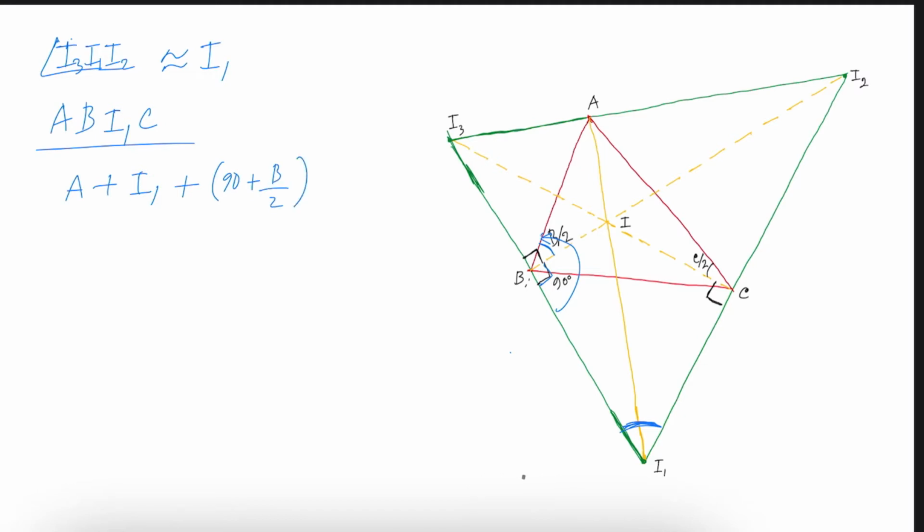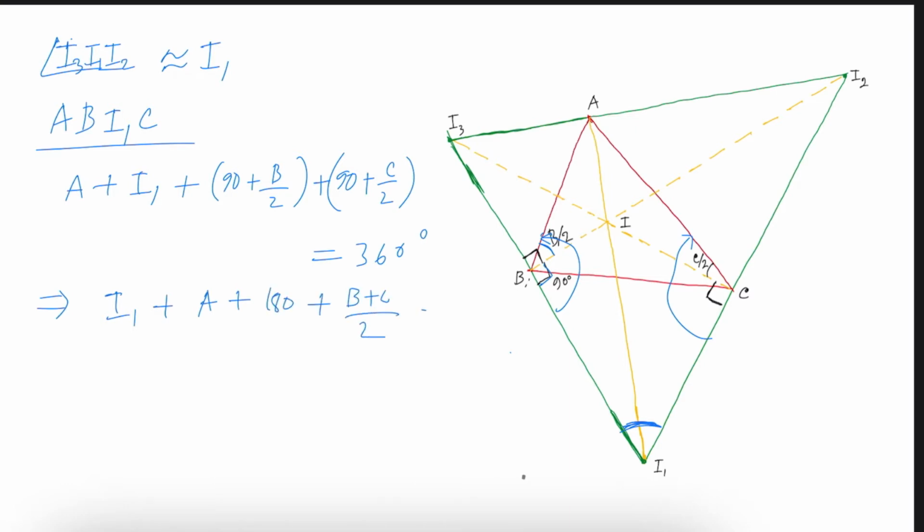And similarly, this total angle is nothing but 90 plus C by 2. The sum is 360 degrees, right? So from here we can write I1 plus A plus 180 plus (B plus C) by 2 is 360.